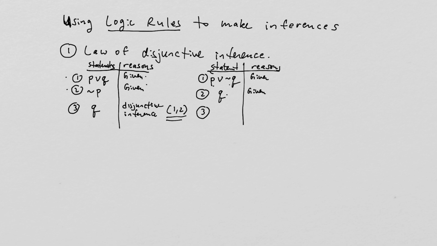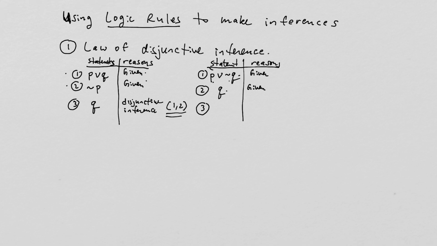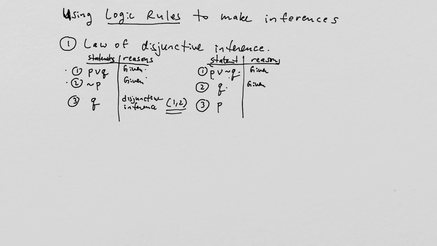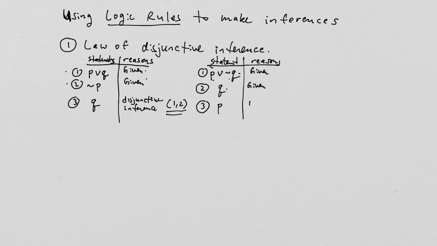But since Q is given as true, that means that not Q is false. So the conclusion is that P must be true. Again, disjunctive inference.